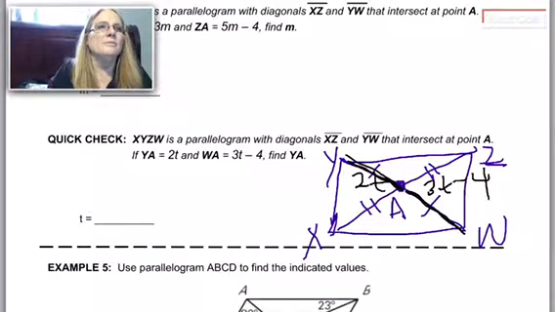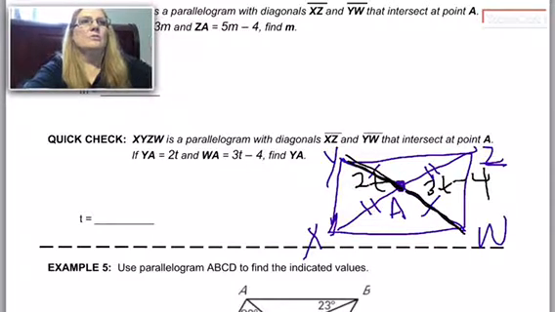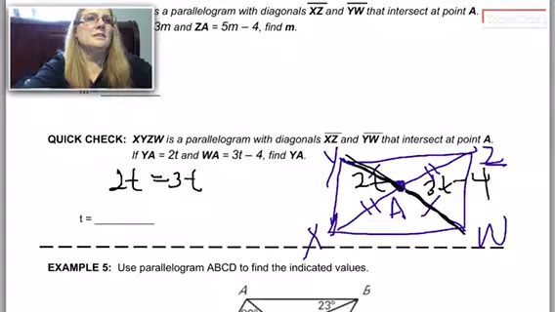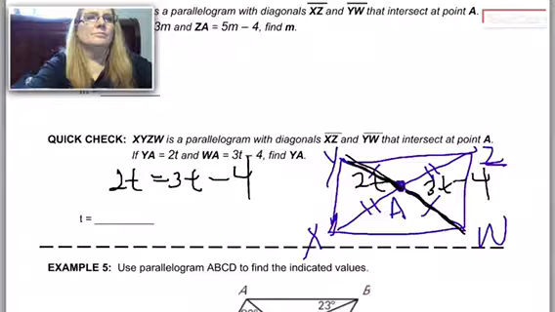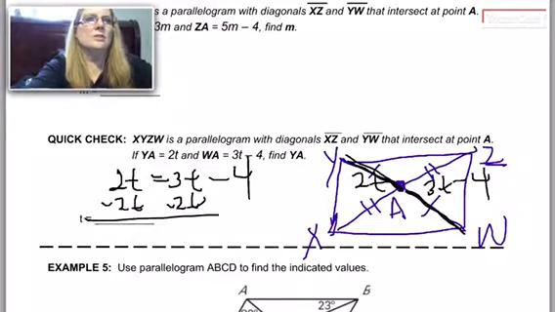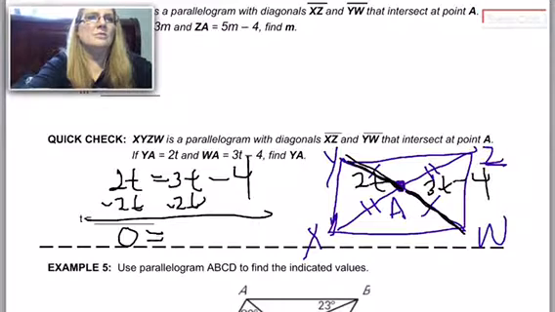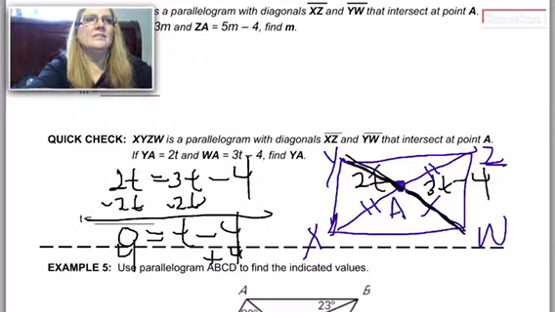So we set them equal to each other, okay? We have 2t is equal to 3t minus 4. If we subtract 2t from both sides, we get 0 is equal to t minus 4. Then we would add 4, and you would get t is equal to 4.